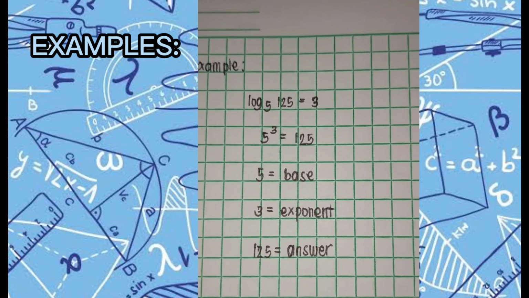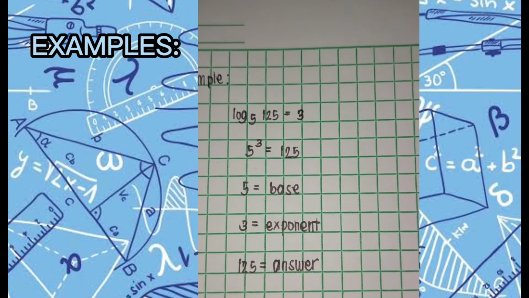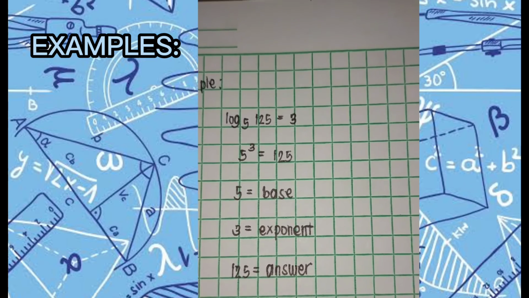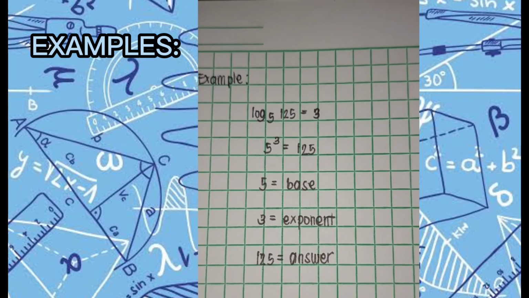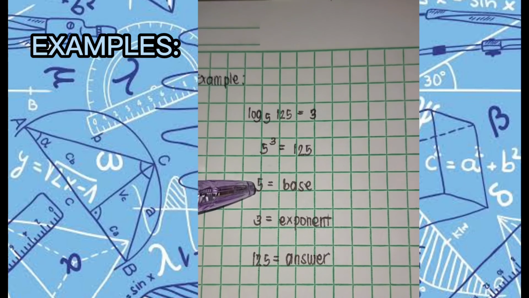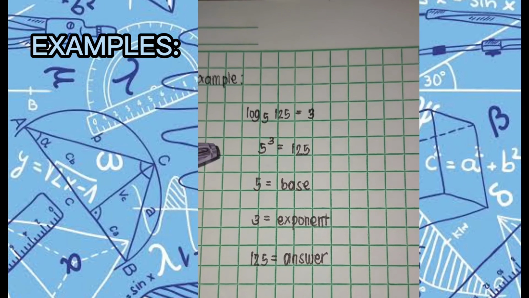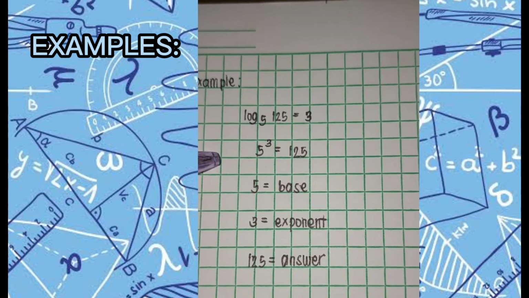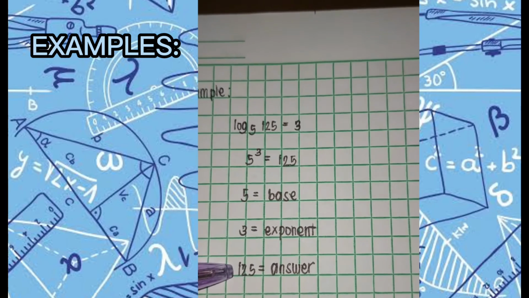First example, log base 5 of 125 is 3. The exponential function is 5 cubed equals 125. The 5 is the base, 3 is the exponent, and if we simplify 5 cubed, the answer would be 125.